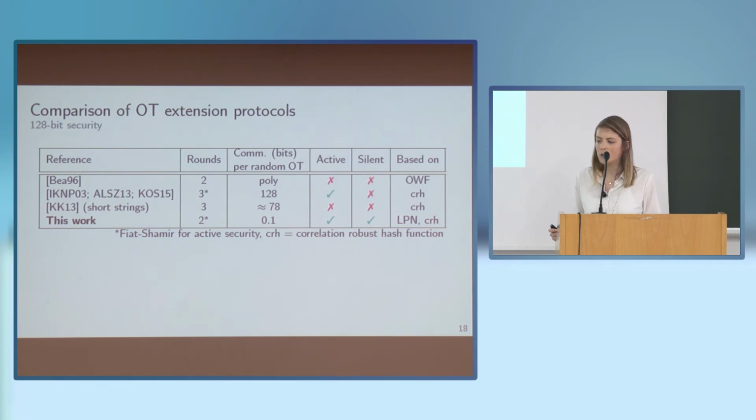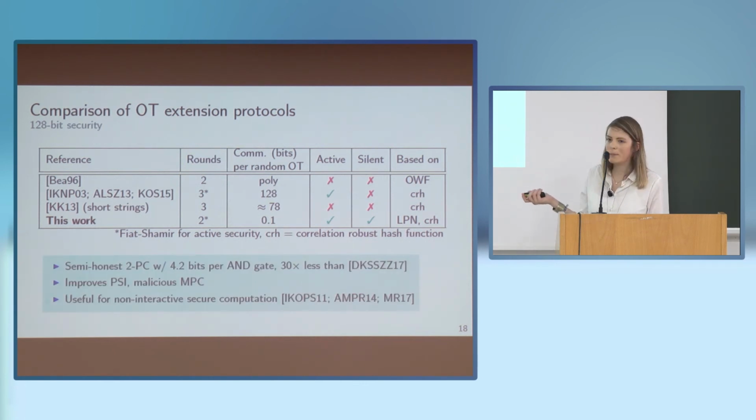And now we bring it down to less than a bit. So you need to communicate less than a bit per random OT. And as I said already, you get active security also in 2 rounds using Fiat-Shamir. And you have the only OT extension that has this silent feature.